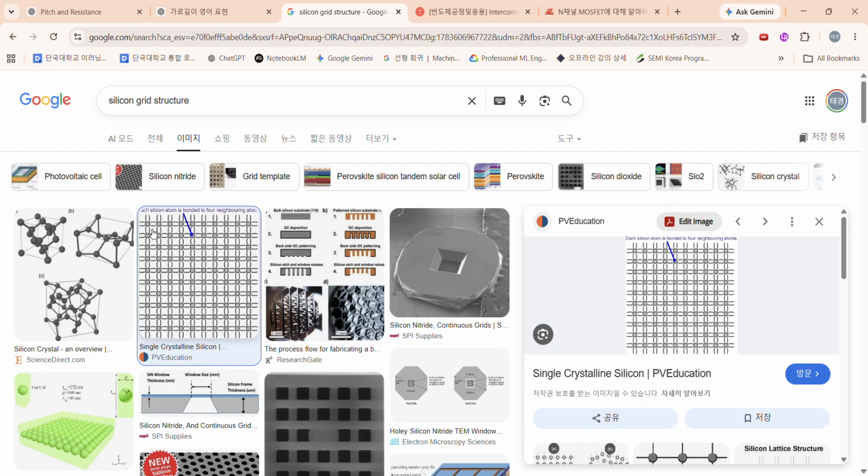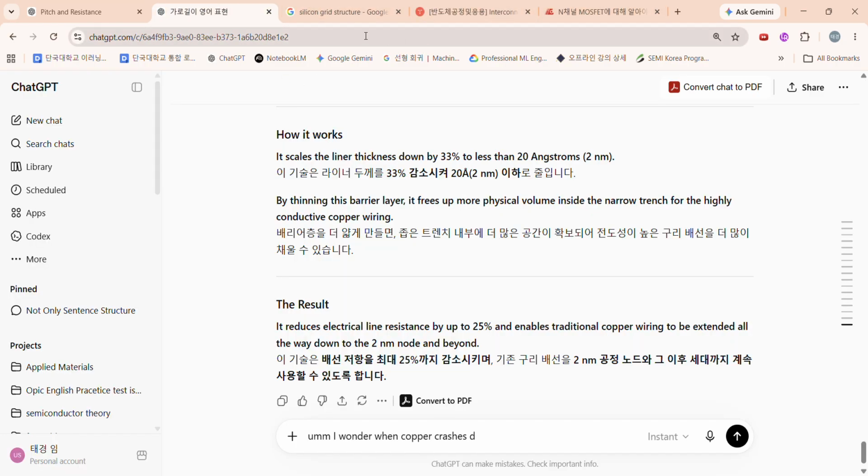Electrons move with this cursor, but they collide with atoms. There are many atoms in one material, so it has a very limited mean free path. The mean free path is the distance it doesn't collide with atoms. If copper's mean free path is 39 nanometer, then it doesn't collide with atoms in the material for 39 nanometer.